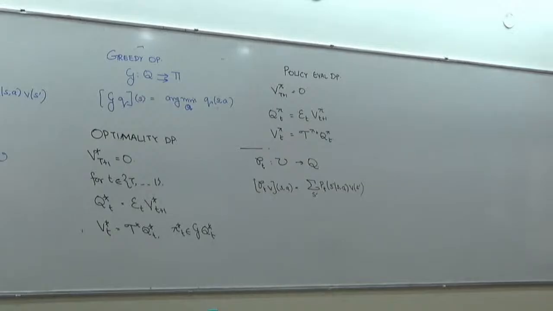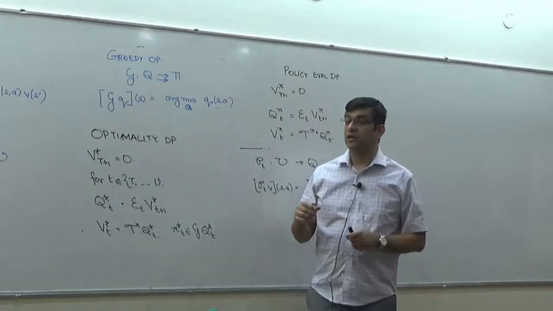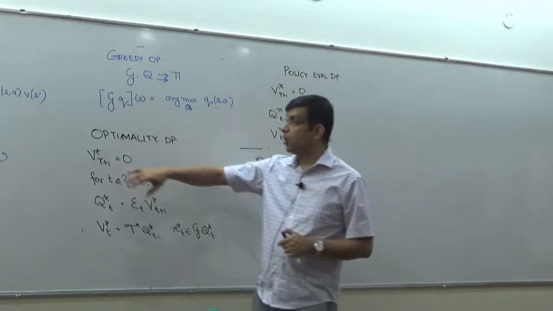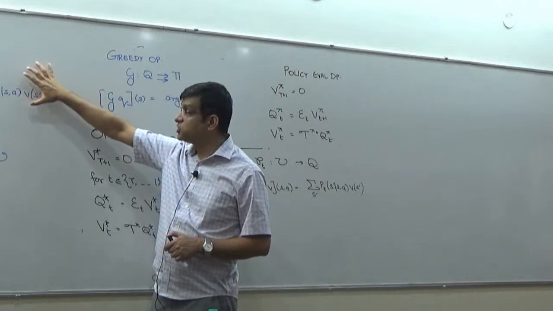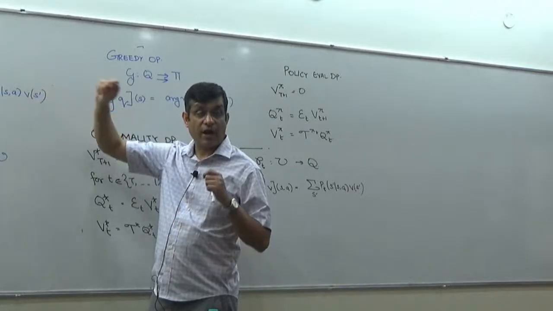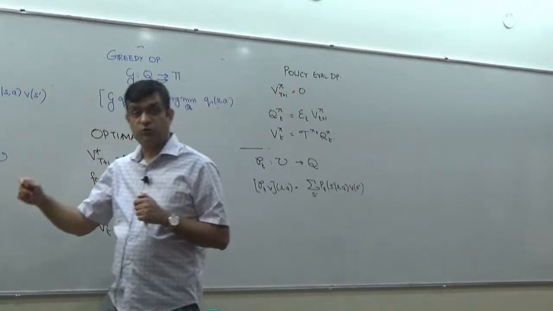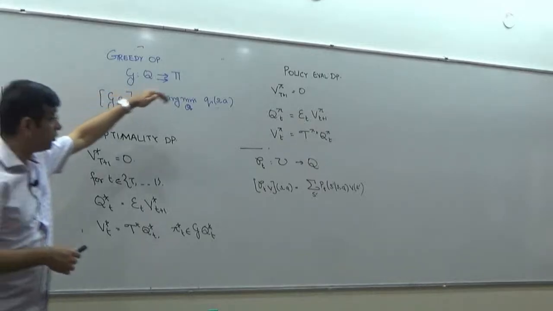Now, the reason I prefer this notation over Bellman operators is because I have a very clean separation in the dynamic program of the part which depends on the underlying model. It is how I go from a value function to a q function. Then I have a second step, which is how I go from a q function to a value function. That depends on whether I am doing optimality or policy evaluation.